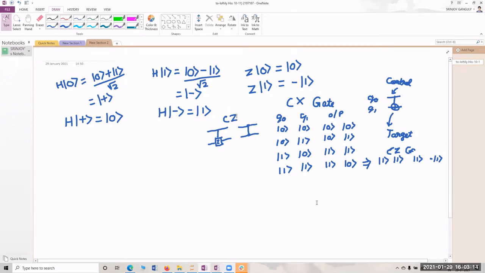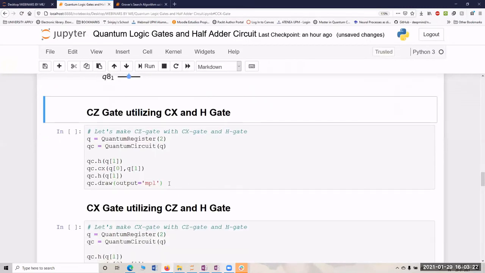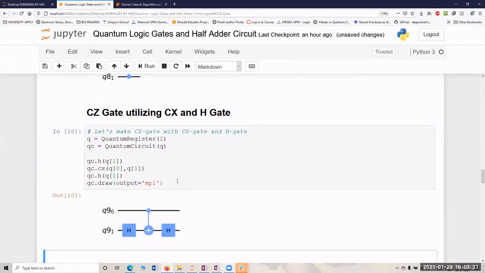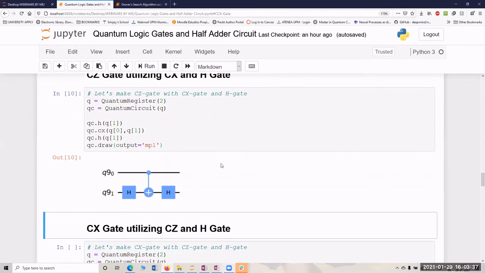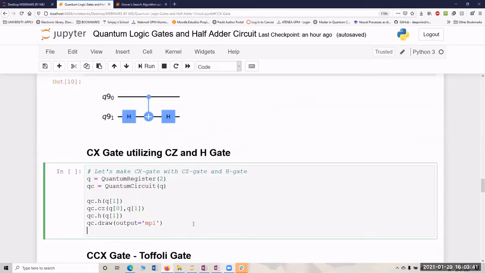All right. So now you can create the CZ gate utilizing the CX gate and H gate. These are various ways of creating the same circuit, and the same thing can be done the other way.